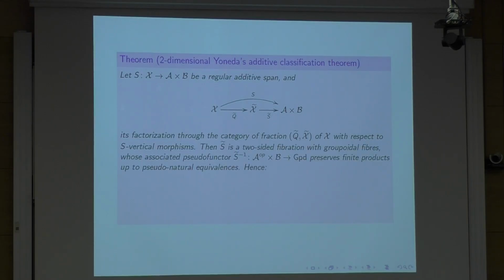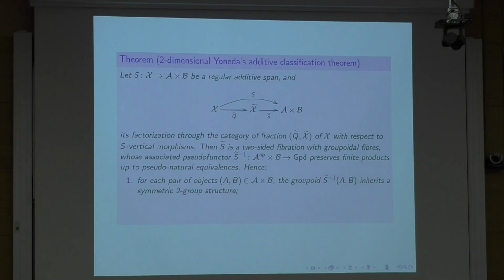Then we get a two-sided fibration, which is now not discrete, but with groupoidal fibers, whose associated pseudo-functor preserves finite products, of course not up to iso, but up to pseudo-natural equivalences.